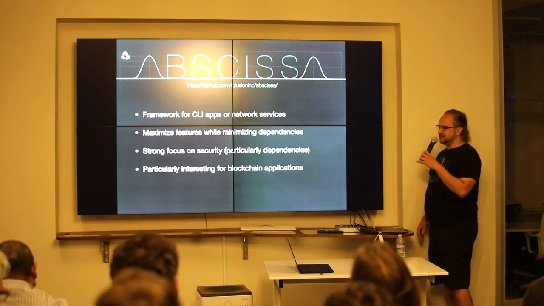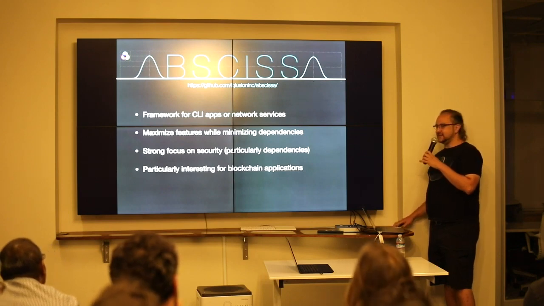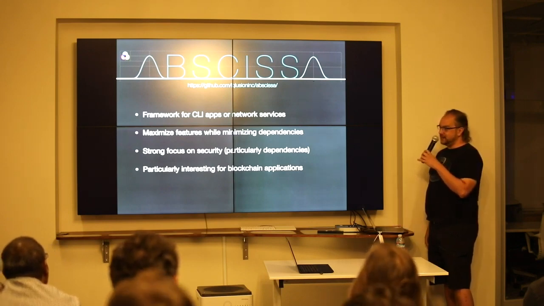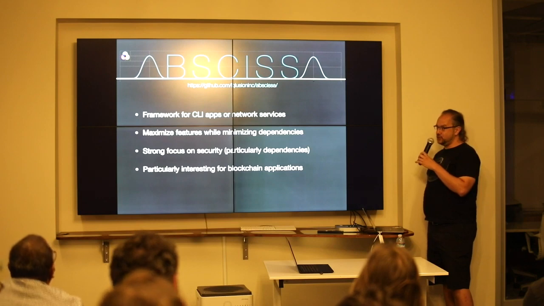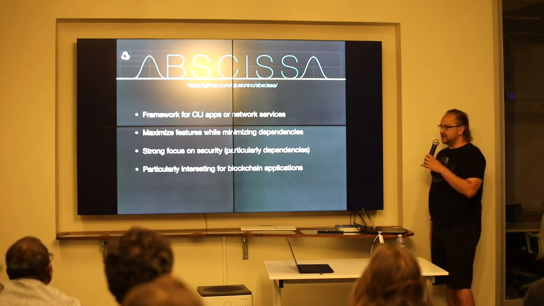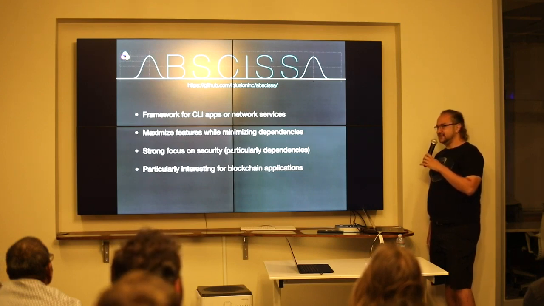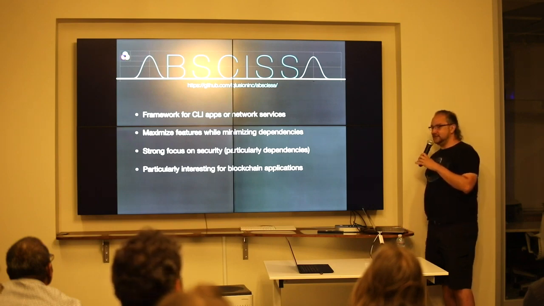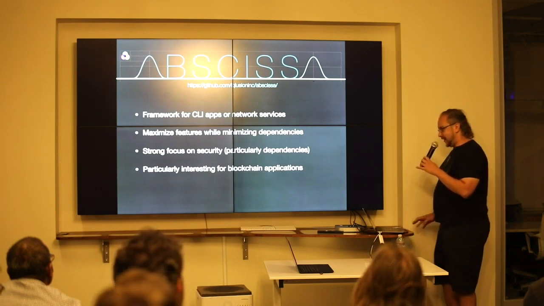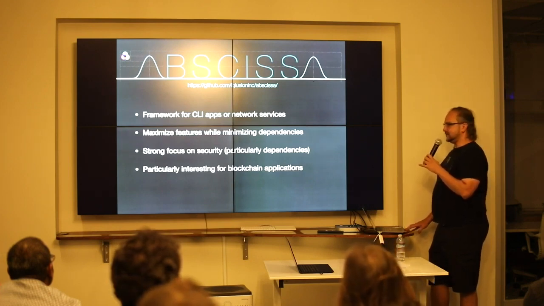One of our biggest goals has been eliminating as many dependencies as we can. It comes with about 30 runtime crate dependencies right now, which sounds like a lot, but when you look at things like reqwest, the HTTP library, using like 150, we've really tried to get that down as much as possible while providing a lot of functionality.